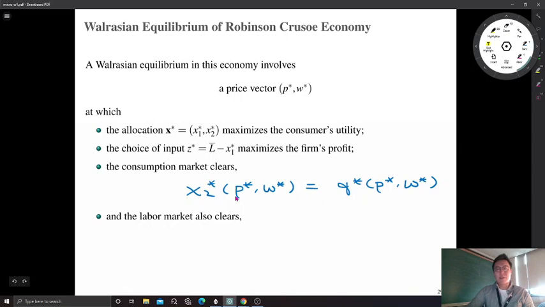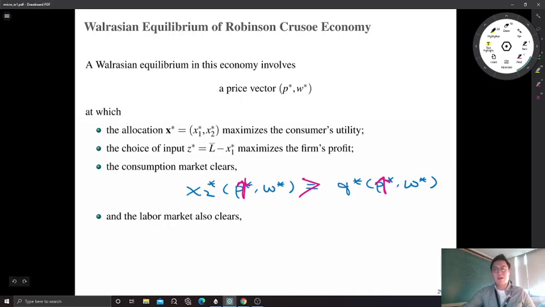If that condition is not met, for example, if the demand is larger than the supply, so there is excess demand, then we can easily anticipate the price goes up. P star will adjust to the extent that demand and supply are balanced. So something changes.